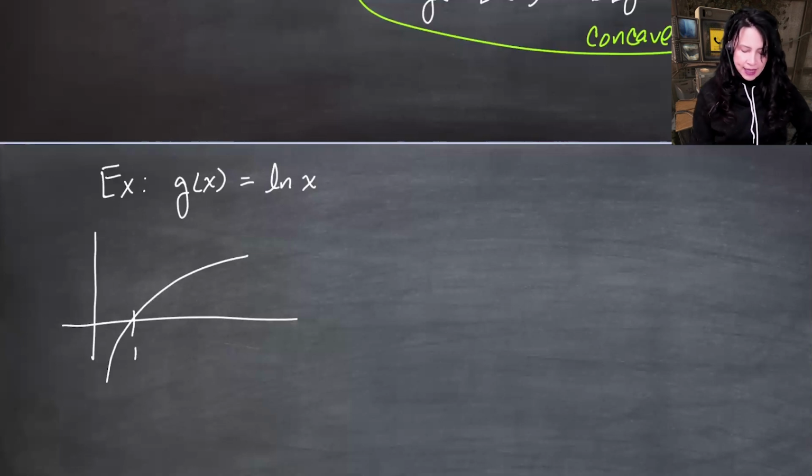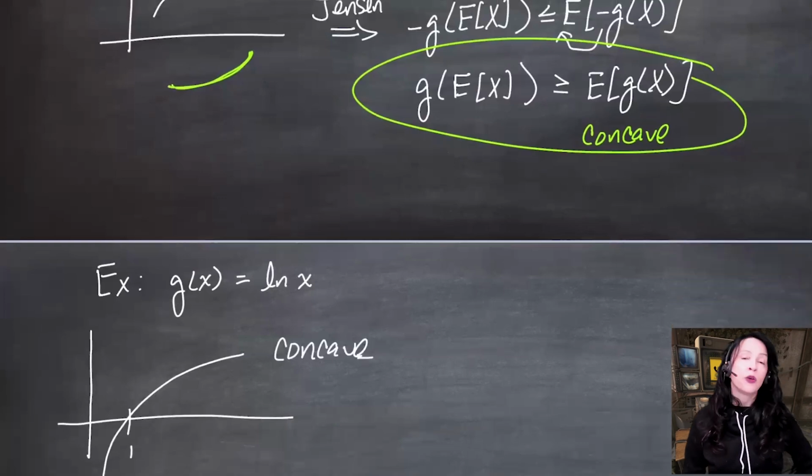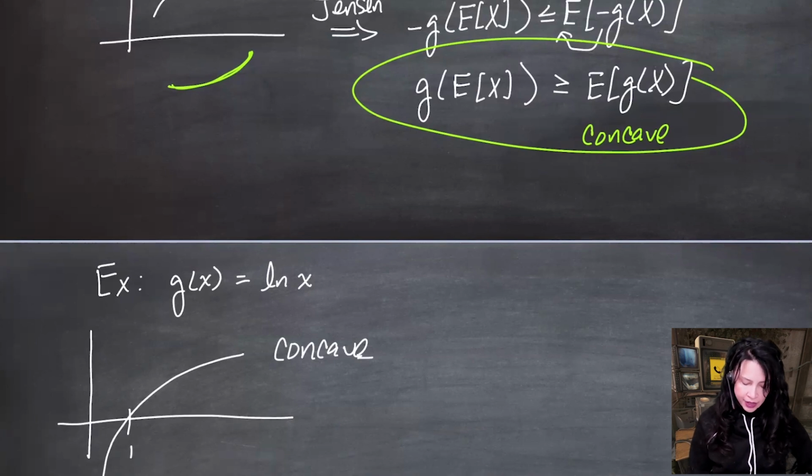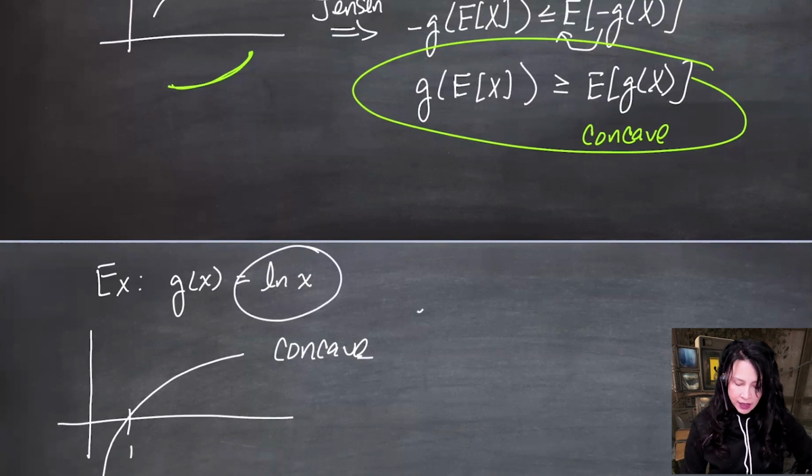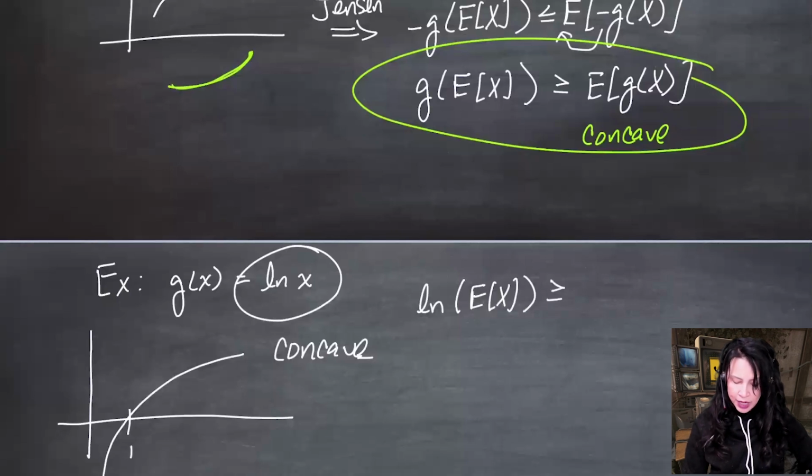And you can see that this is concave or concave down. And so it's this inequality that I've circled in green here that's going to apply. This means that in particular, for this log of x function, the log of the expected value of x is greater than or equal to the expected value of the log of x.